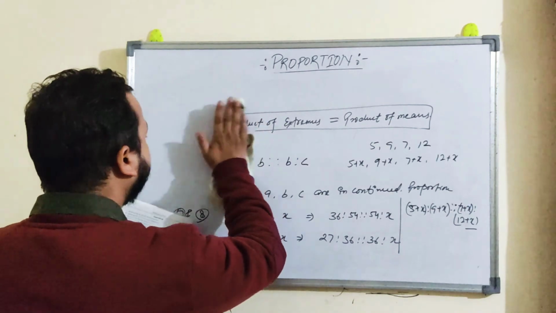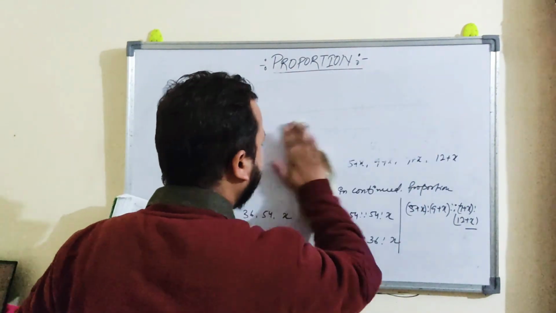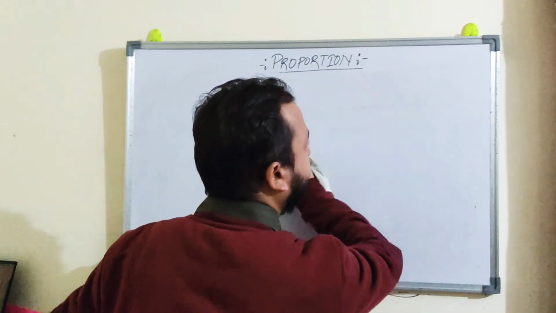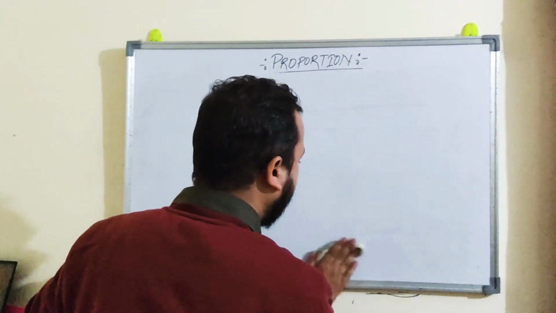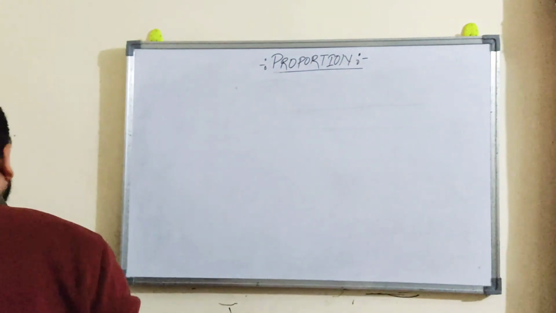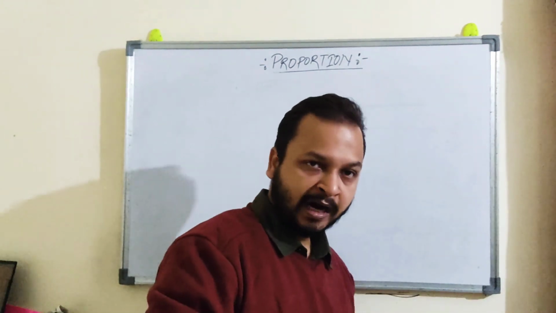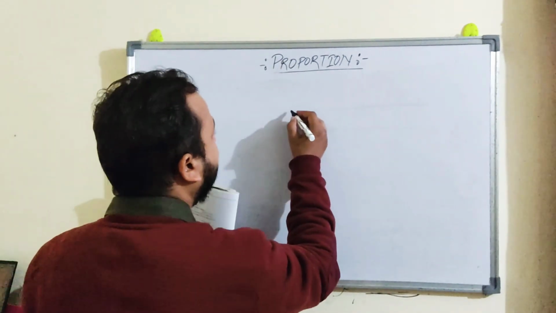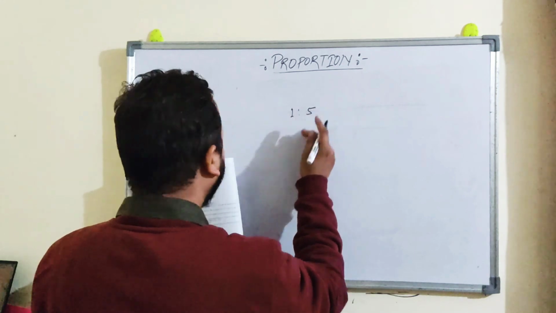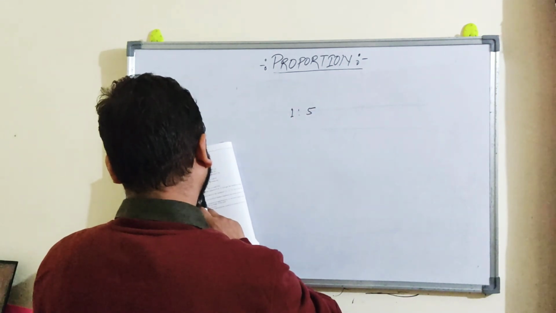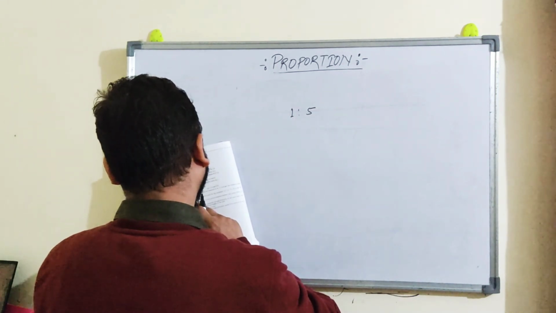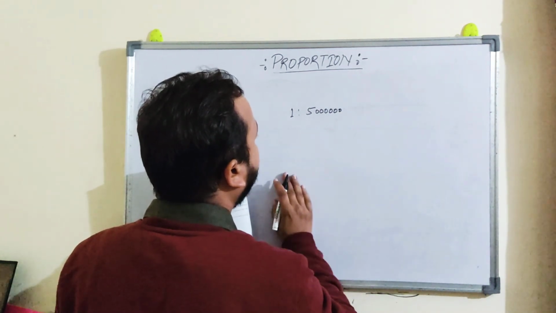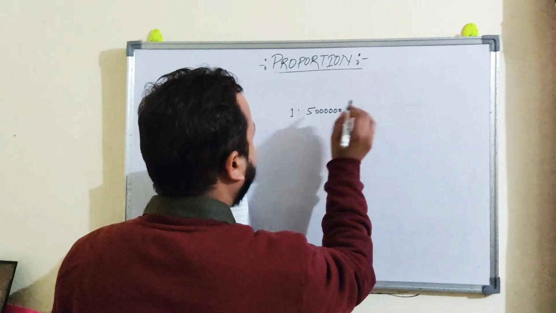Now come to question number 14, the scaling of a map. If on the map two towns are placed 1 centimeter apart, the actual distance between them is 1:50 lakhs, right? Centimeter.